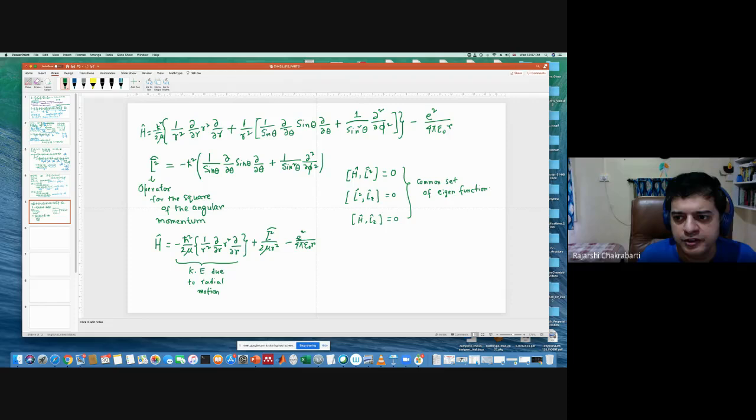They should have a common set of eigenfunctions. Okay. And one more thing, if you do the algebra, it is possible to show that the operator for Lz, maybe you should remember this, is minus i H cross.